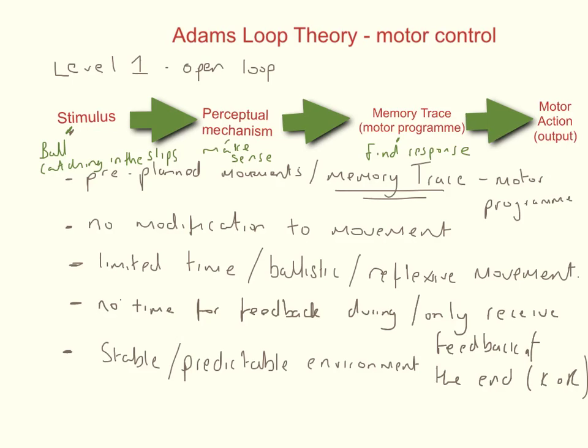And our action, our motor action, is the output. So we move hands. Now once we've moved our hands into that position, we can't alter or adjust that movement because there's not enough time. That ball is coming at us so fast that there's not time for any feedback during the movement, and we either catch it or we don't.